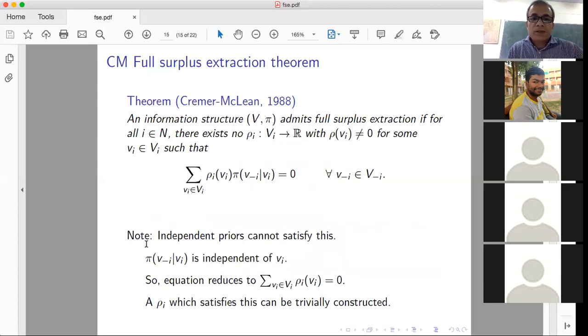You'll see the usefulness of this result in the theorem that we're going to prove. We're going to prove that this information structure admits full surplus extraction if and only if the priors satisfy this condition: there exists no rho I such that this equation can be satisfied.